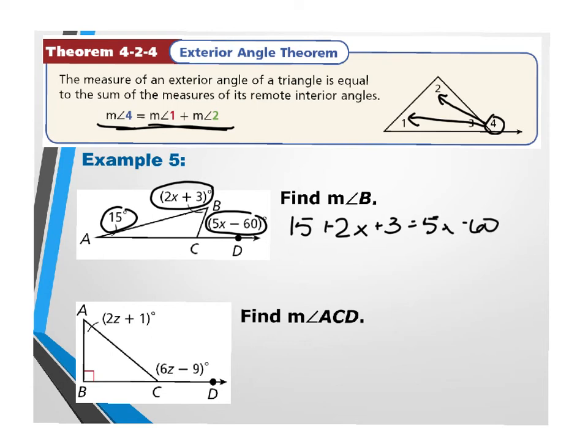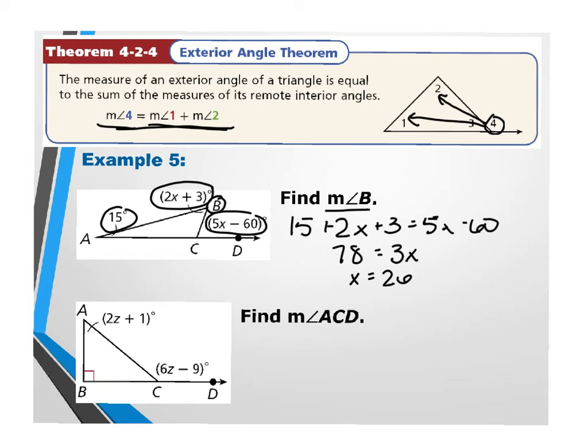Now solve this equation for x. When you solve, you get 78 on this side is equal to 3x. So x is equal to 26. Now that is not exactly what we're looking for. We're asked to find the measurement of angle B. So let's keep going.